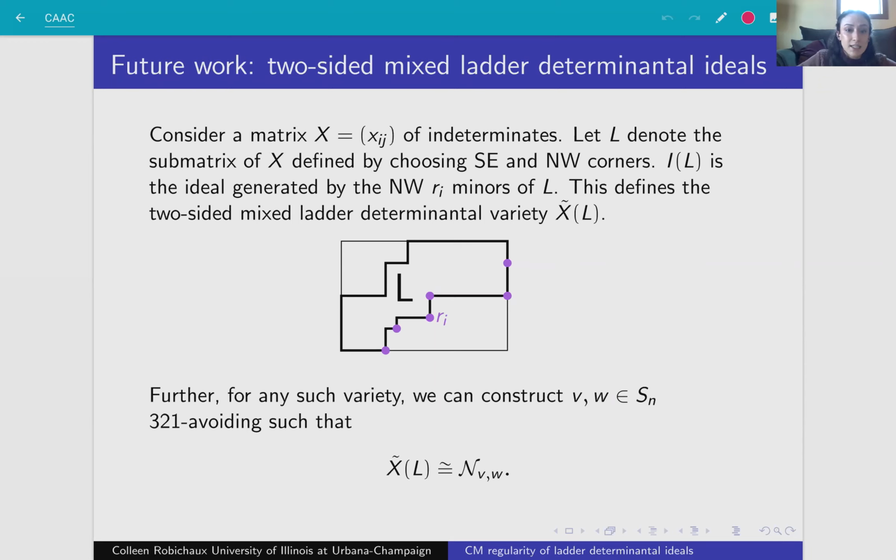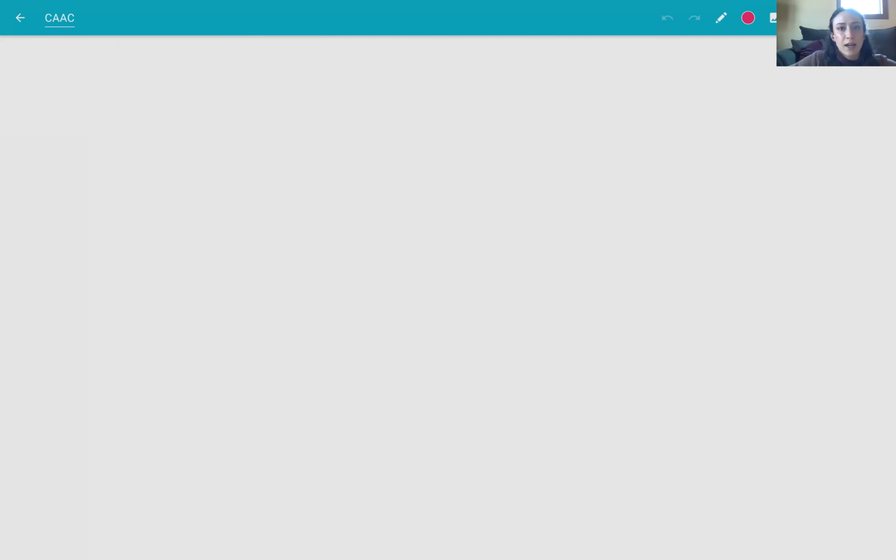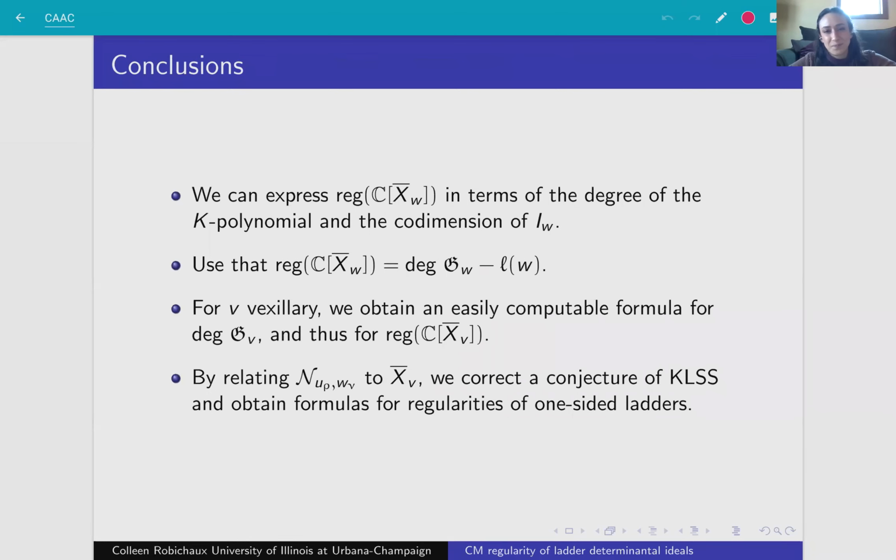In this case, these varieties can no longer always be recovered as matrix Schubert varieties, as our previous results had used. But I do have partial results for these two-sided mixed ladder determinantal ideals, which appear as Kazhdan-Lusztig varieties indexed by a pair of 3 2 1 avoiding permutations. But I'll stop here. Thank you.